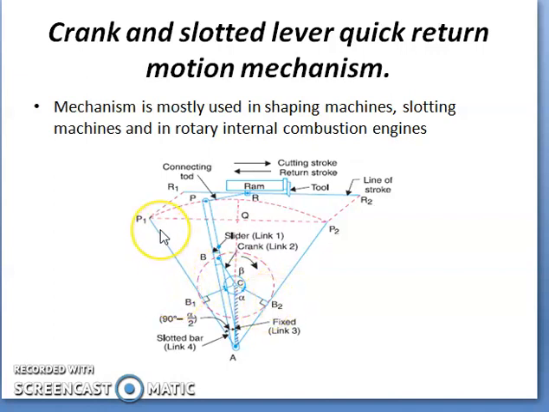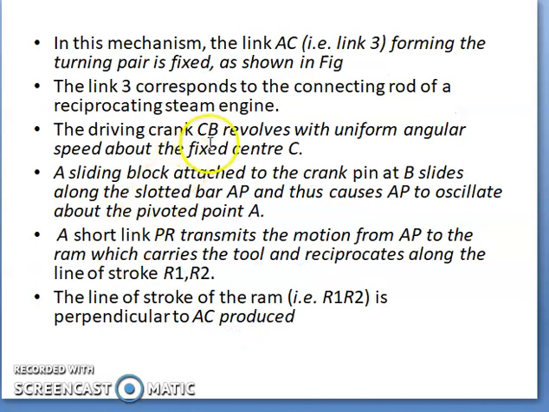It takes a longer time to travel in the forward direction and a shorter time to come back to the original position in the return stroke. It is called a quick return mechanism. In this mechanism, we see that link 3 forming the turning pair is fixed. Link 3 corresponds to the connecting rod of a reciprocating steam engine.